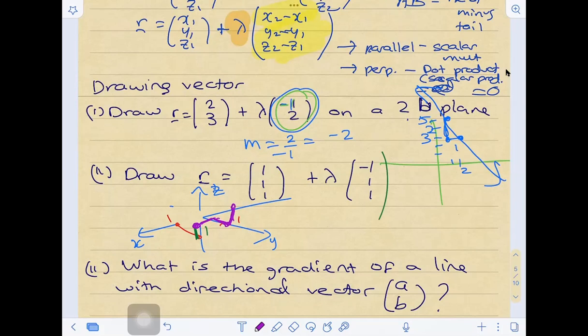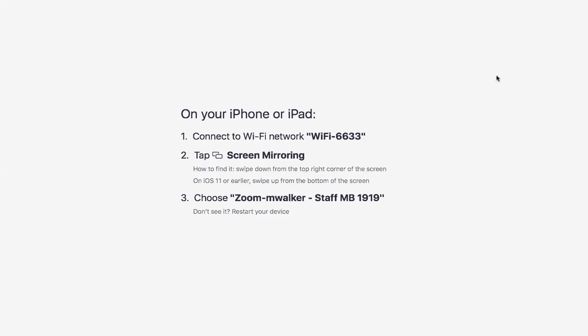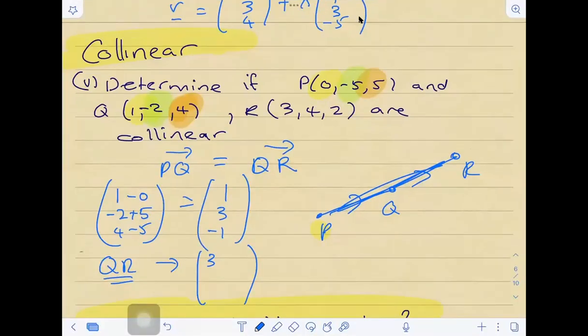And then if you do QR, all they have to be is scalar multiples. So R is 3. Oops, we lost connection. Wait a minute. Let's get that back. There you go: 3 minus 1, because you're doing this one minus that one, 4 minus 2, and 2 minus 4, which is 2, 6, minus 2.